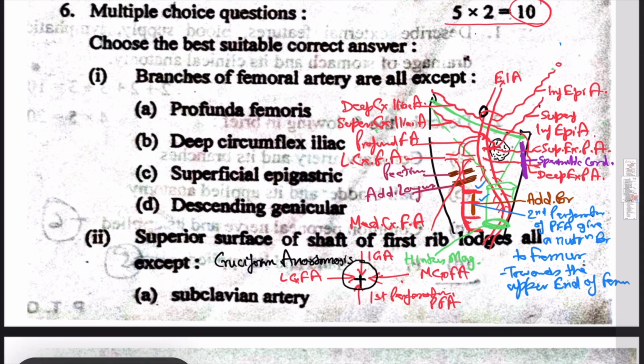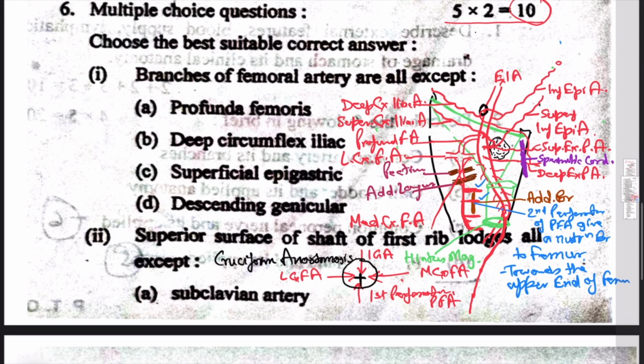And which artery is that? That is called the descending genicular artery. This branch is called the descending genicular artery.